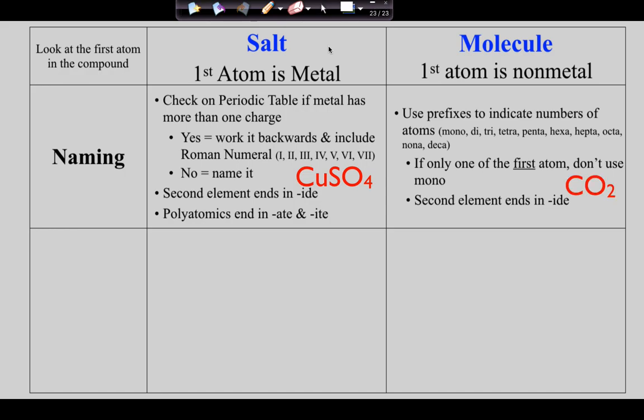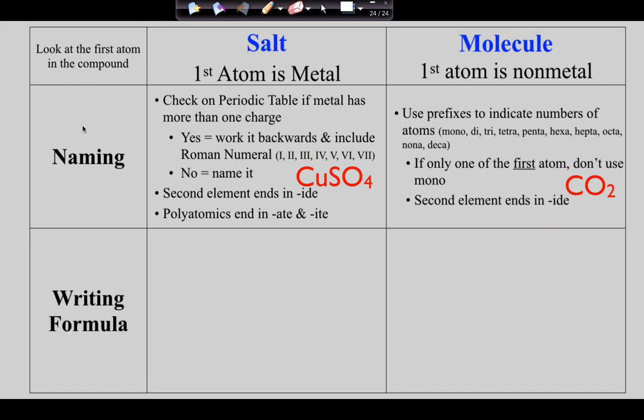So for example, if we've got CO2, we've got one carbon, but we don't call that monocarbon. And then we've got 2 oxygens, so we call that dioxide, and that would be carbon dioxide. Notice the difference. First element is a nonmetal, it's a molecule. First element is a metal, it's a salt.